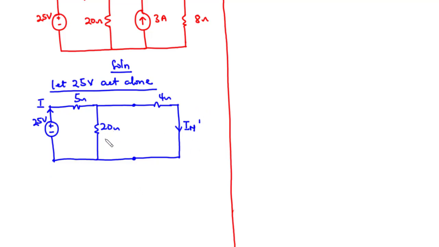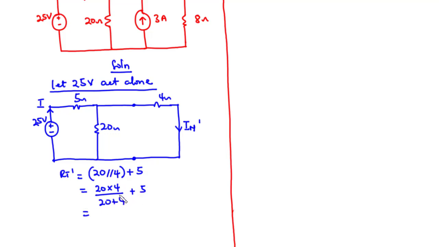So the total resistance for this circuit, let's call that RT prime, and that's equal to, now these two resistors, that is the 20 ohms and the 4 ohms resistors, are connected in parallel, and their combination is in series with the 5 ohms. So that's going to be 20 parallel 4 plus 5. Now 20 parallel 4 is basically 20 times 4 divided by 20 plus 4.